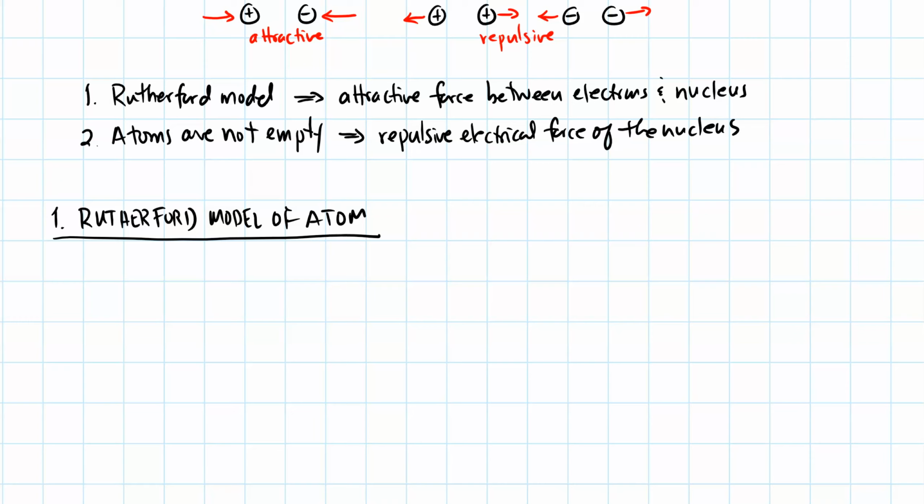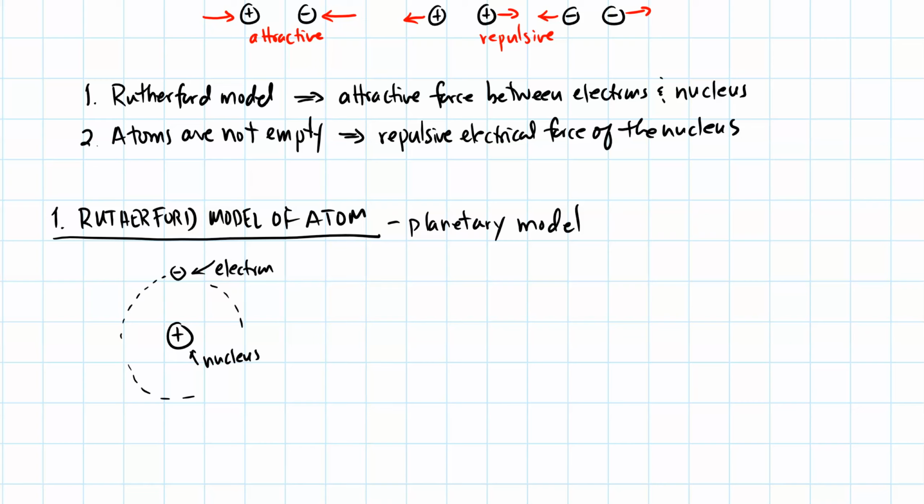The picture he has is a positive nucleus and a negative electron, and this electron is orbiting the nucleus, very similar to the planet Earth orbiting the sun.